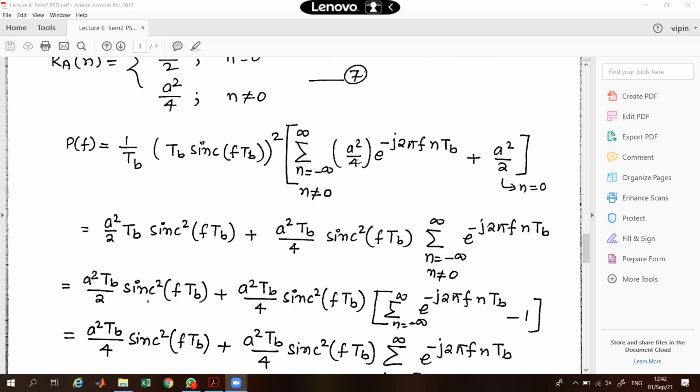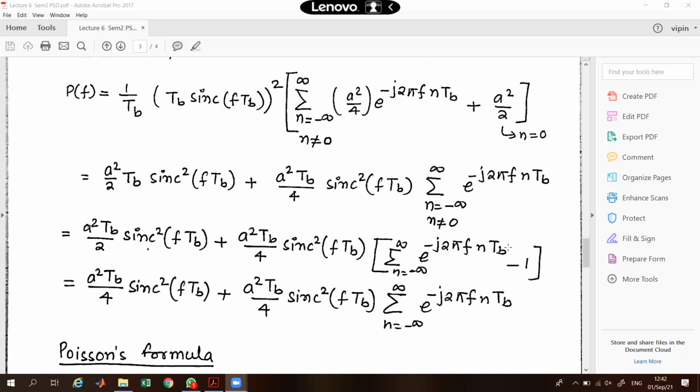Again, we are opening this bracket. This one is on this side, and this part is on this side. If you take sinc square(f Tb) outside, because this summation is over n, and the only function which depends on n is this e raised to the power term. Then if we further rationalize it, from minus infinity to infinity, e raised to the power minus j 2 pi f n Tb, minus 1.